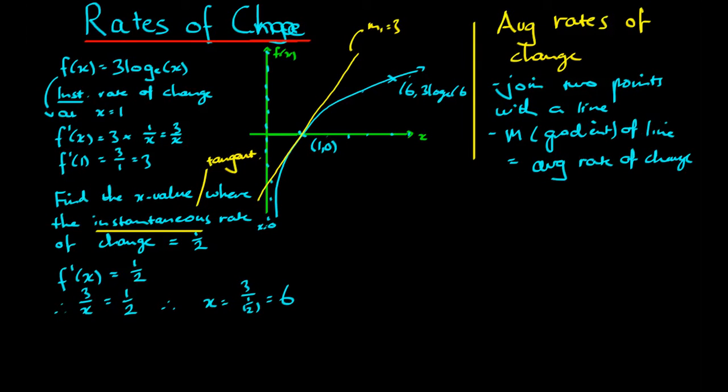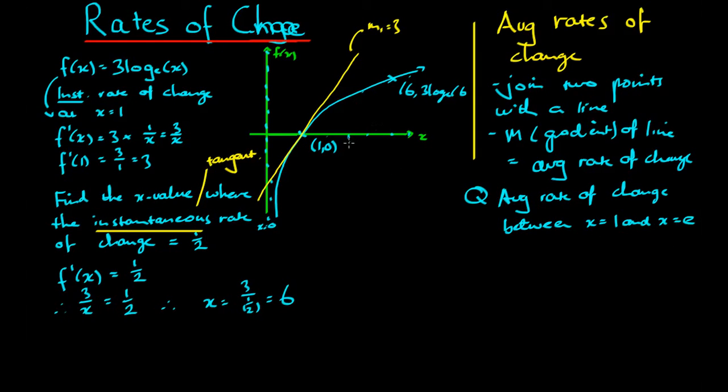So a question might be, what is the average rate of change between x is equal to 1 and x is equal to e?